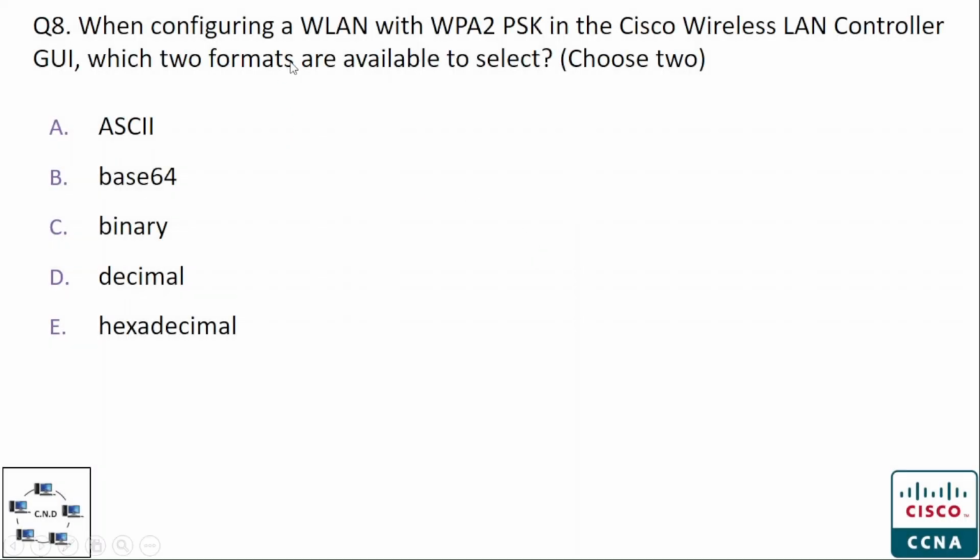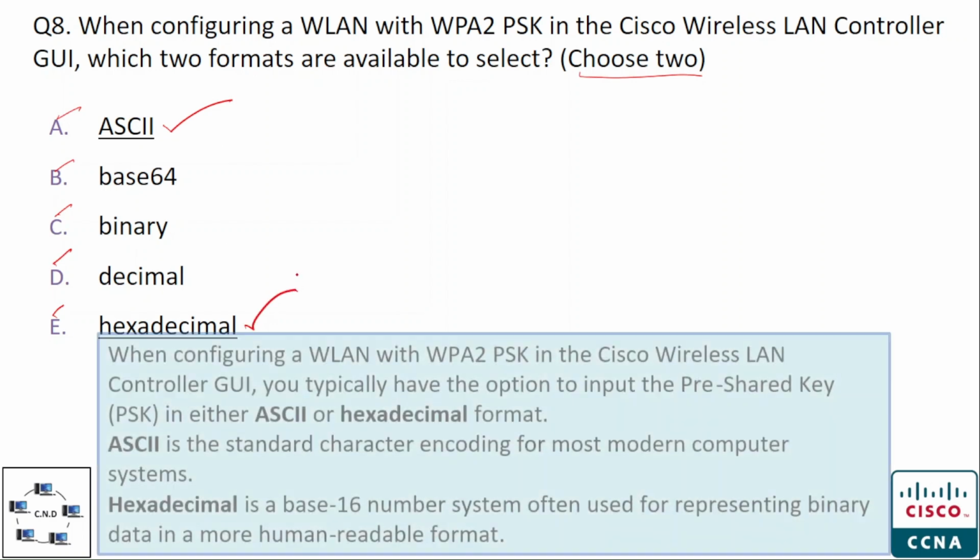Question number 8. When configuring a wireless LAN with WPA2 PSK in the Cisco Wireless LAN Controller GUI, which two formats are available to select? Choose two. The options are option A, ASCII, option B, base 64, option C, binary, option D, decimal, and option E, hexadecimal. And the correct options are option A, ASCII, and option E, hexadecimal.